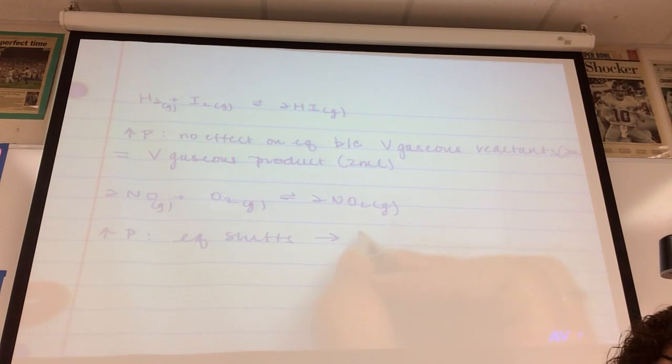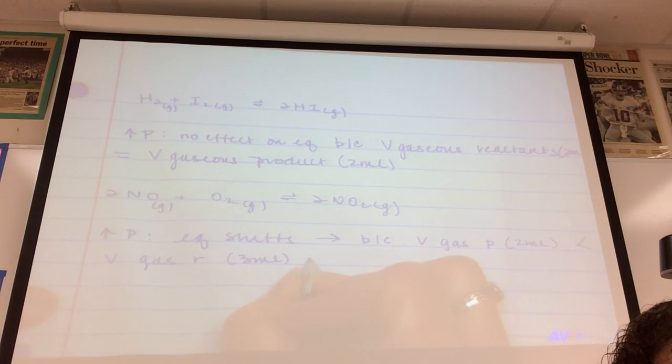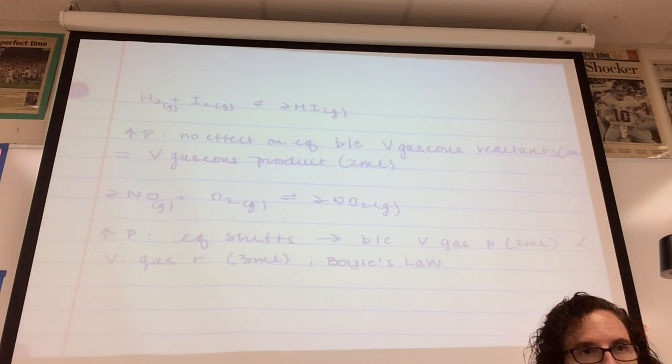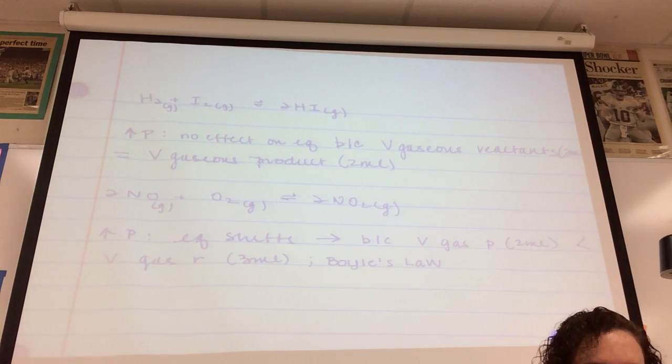To the right, because the volume of gaseous product, which is 2 mils, is less than the volume of gaseous reactant, which is 3 mils. And you know that pressure and volume are inversely related according to Boyle's law. Similarly, if you decrease the pressure, equilibrium shifts to the left because the volume of gaseous reactant is 3 mils, which is larger than the volume of gaseous product, which is 2 mils.